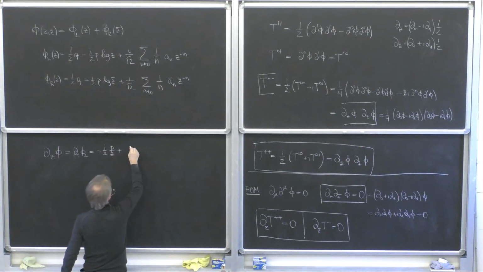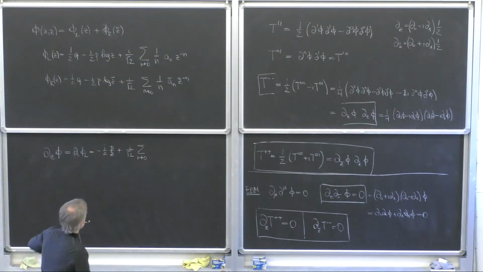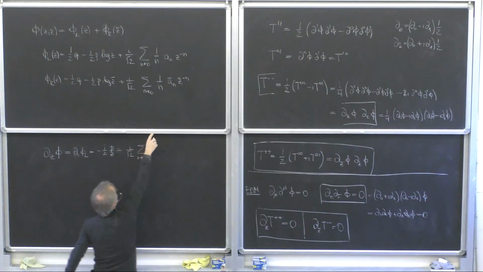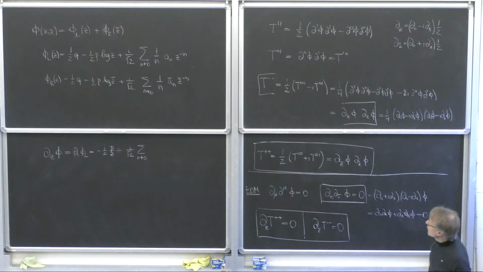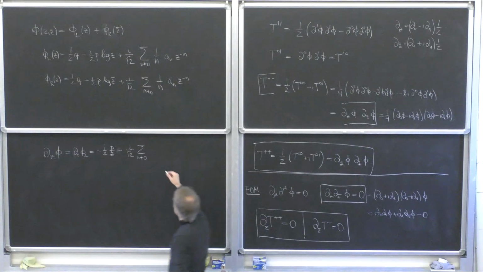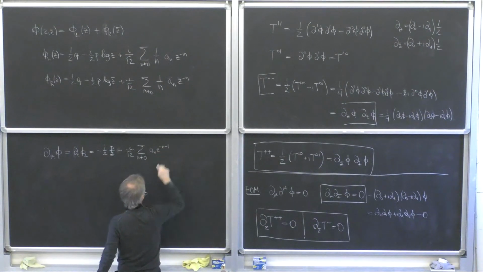And then I get plus i over square root of 2, the sum over n not equal to 0. Then I get a minus sign from the z to the minus n. The n comes down, cancels the 1 over n that's conveniently standing there, and it gives me a_n z to the minus n minus 1.